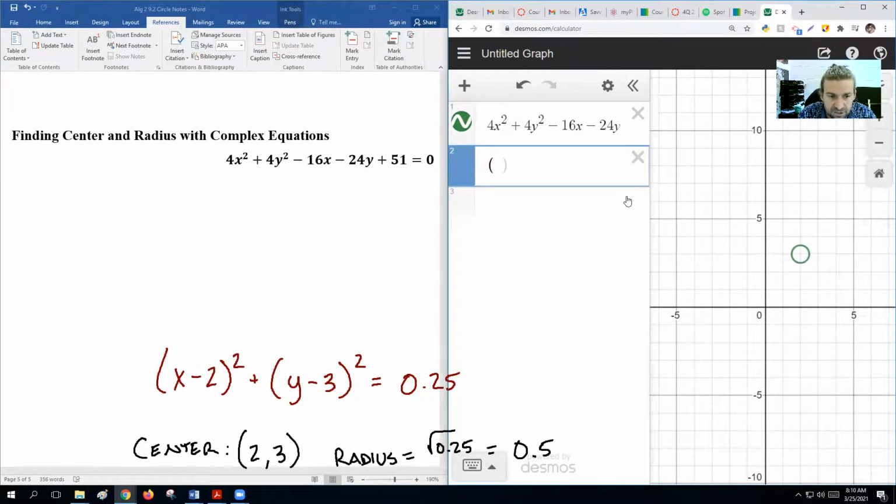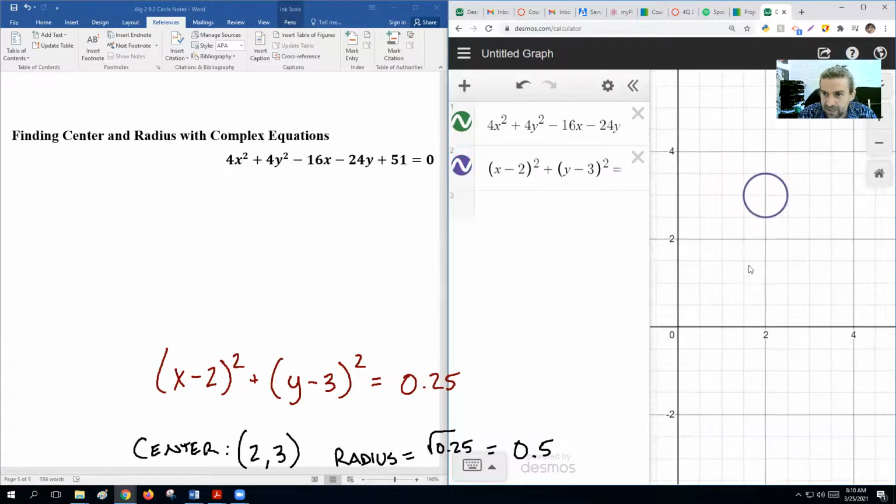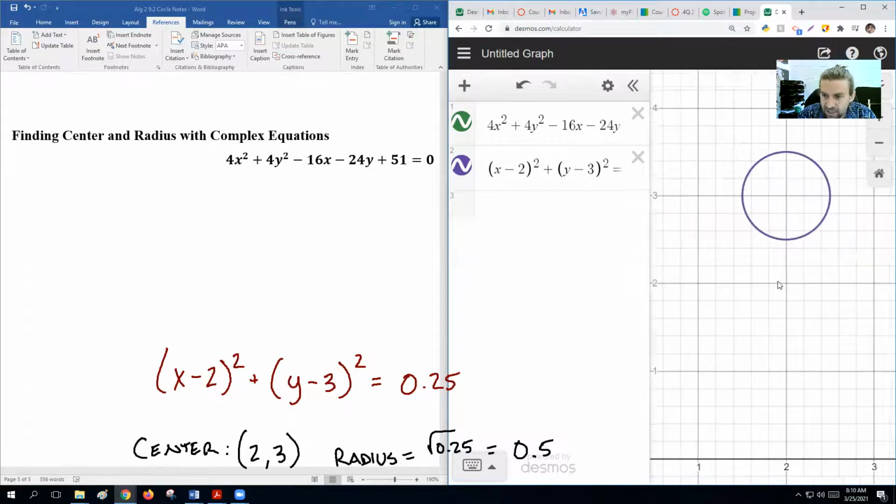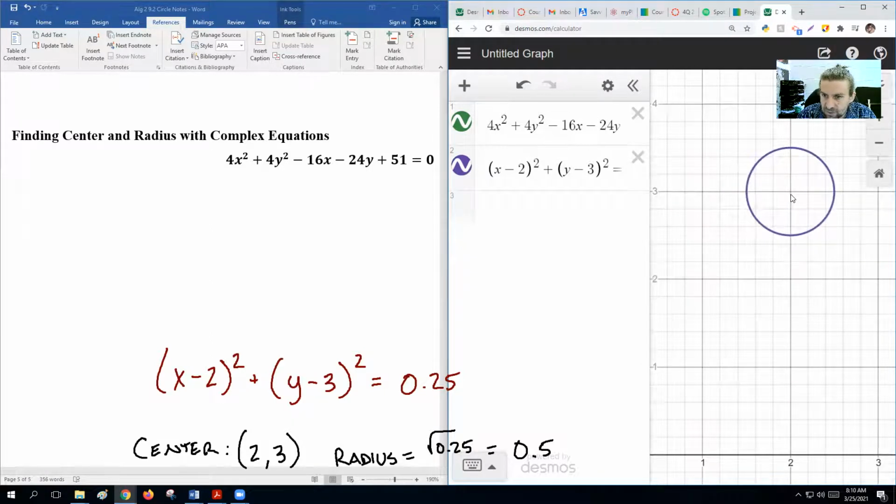Let's type in our equation: x minus 2 squared plus y minus 3 squared equals 0.25. Okay, that circle landed right on top of that other circle. And if we look at that here, that center looks to be right between 2 and 3. So 2, 3. And then it is only about half a unit long, right? So the radius would be 1/2.